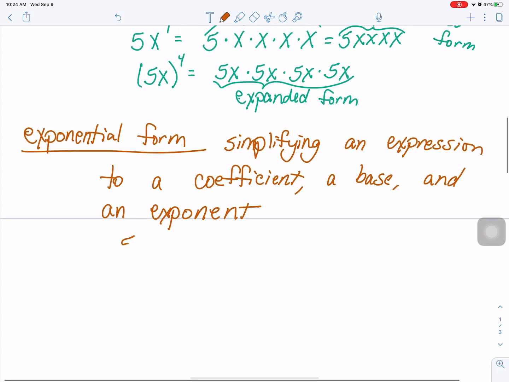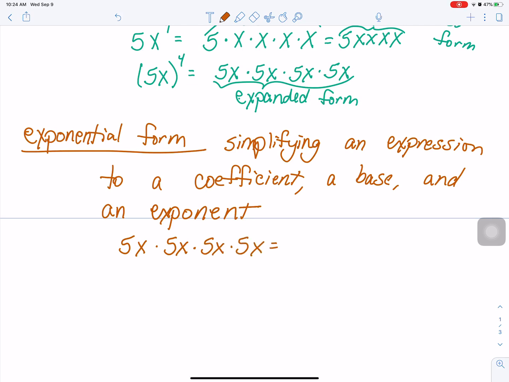If I took this 5x times 5x times 5x times 5x, I would multiply all those 5s together, and I'm going to just double check that. Should be 625. 625x to the 4th. This is exponential form.